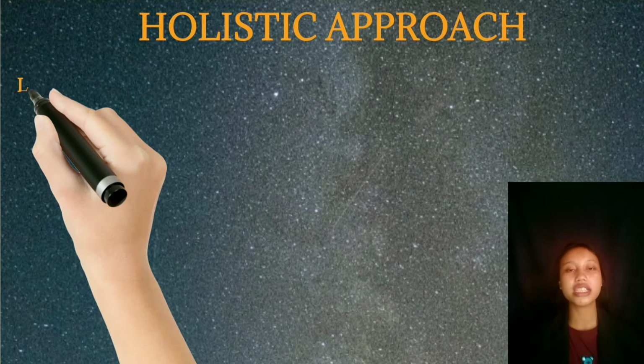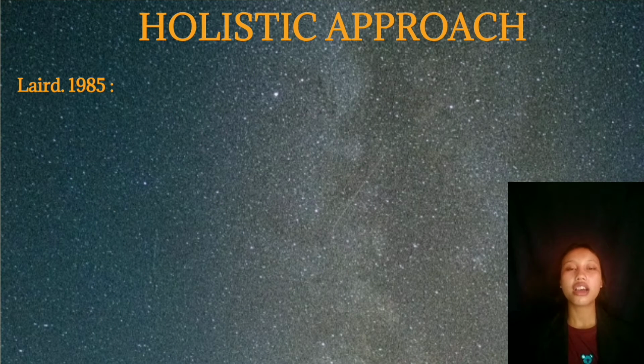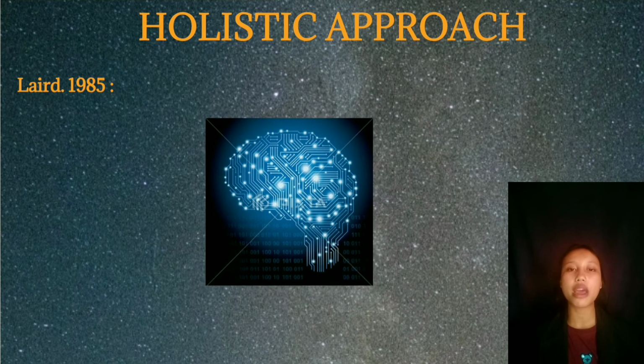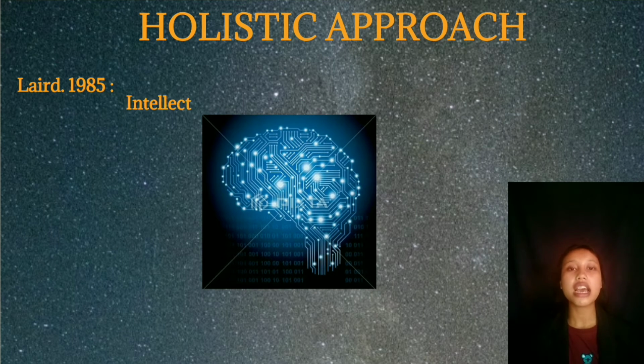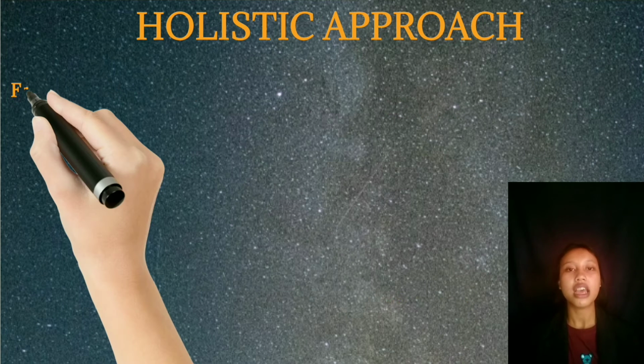Holistic approach. Number 4 is the holistic approach. According to Lake 1985, the basic premise of the approach is that an individual's personality is made up of many elements, namely intellect, emotion, intuition, drive of desire, and imagination.